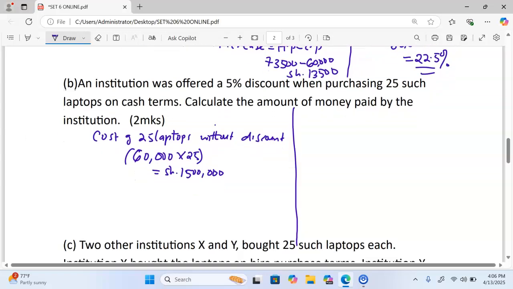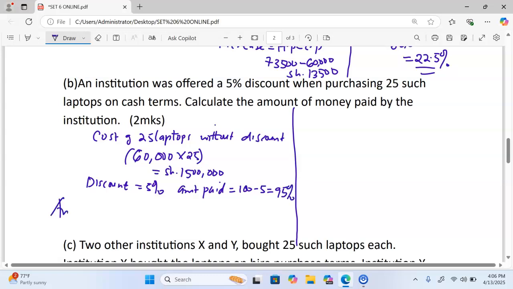Remember, a discount of 5% has been offered. Meaning the amount paid is going to be equal to 100 minus the discount, giving us 95%.